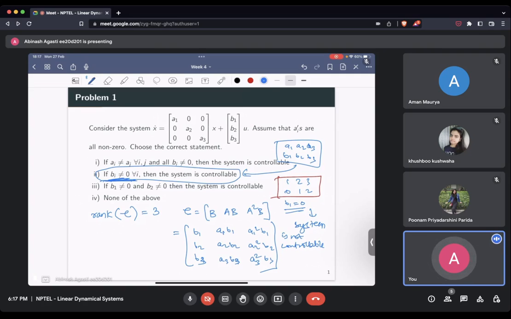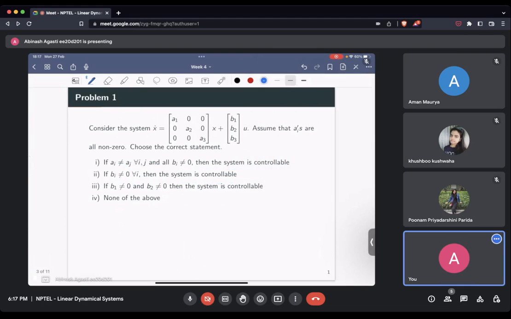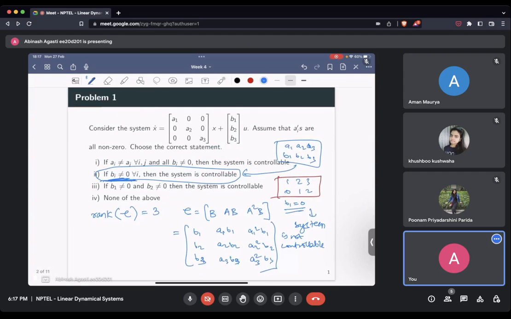So now tell me what is its determinant? This is the matrix.